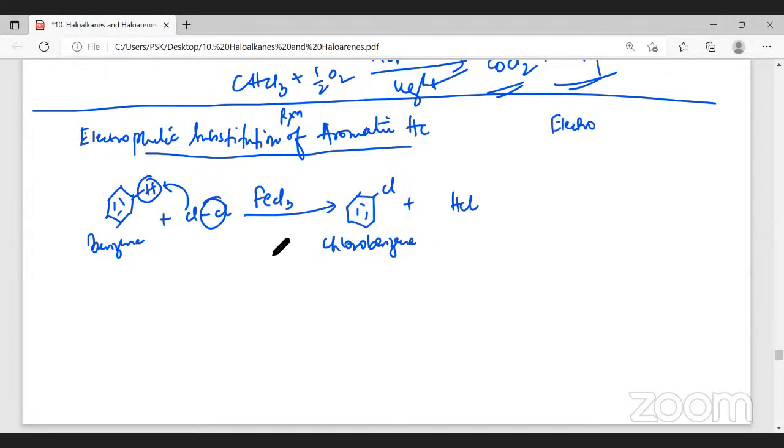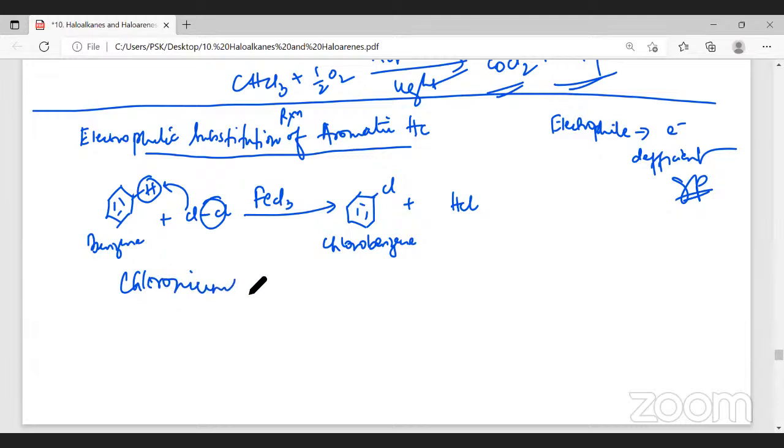Electrophile means electron deficient group. These electron deficient groups are called electrophiles. In chlorination, the electrophile is chloronium ion. What is the electrophile in chlorination? It is chloronium ion, which is Cl plus.